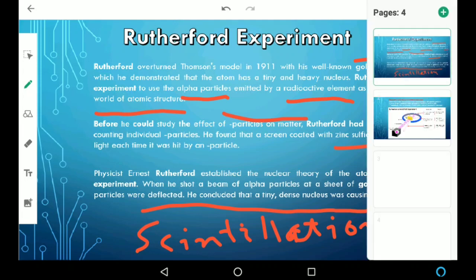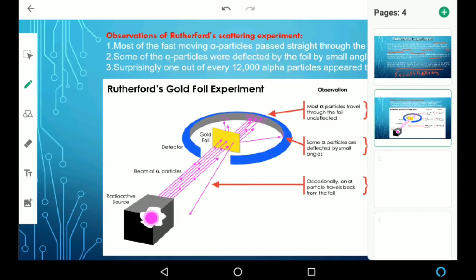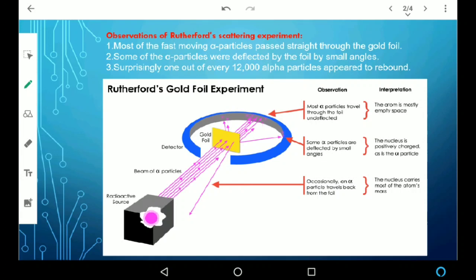Moving on to the next slide, we will see that most of the fast moving alpha particles passed through the gold foil. That means most of the space should be vacant and it should not contain any positive charge. Some of the alpha particles were deflected by the foil by very small angles.